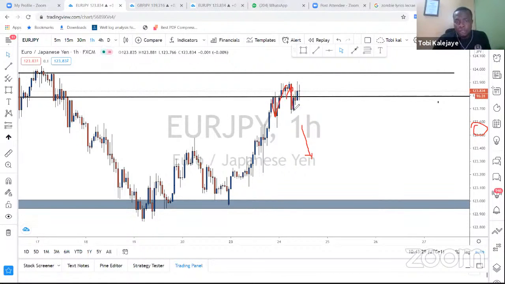It's telling you a story. And look at what happened next. This candle couldn't close above. As a matter of fact, if you draw a level here right now, let me draw a level.